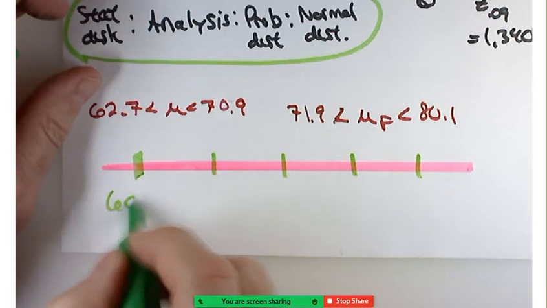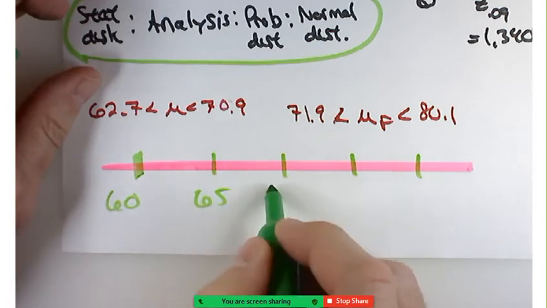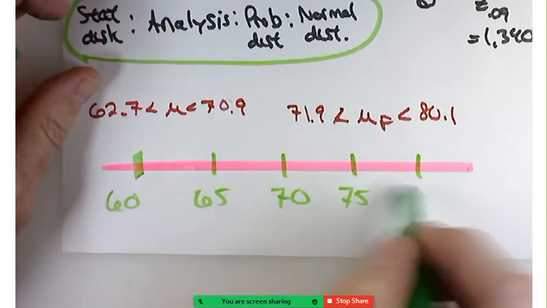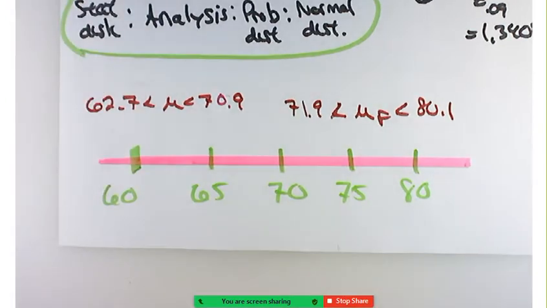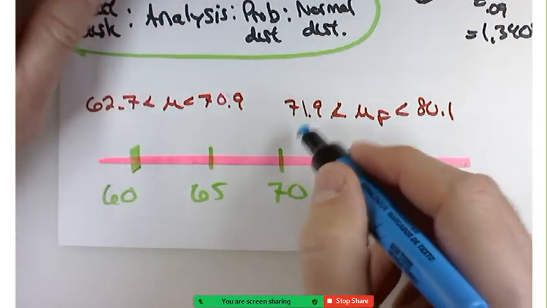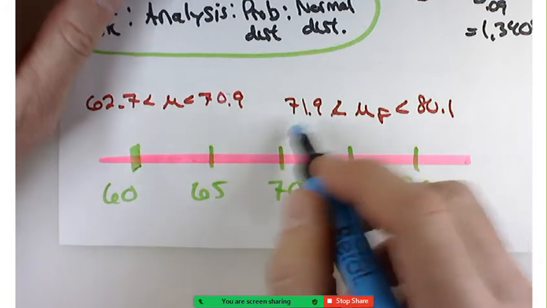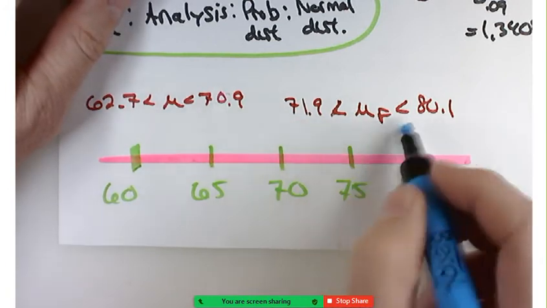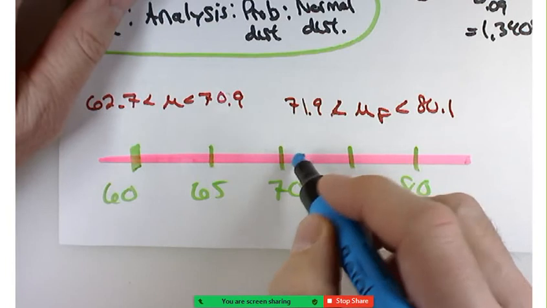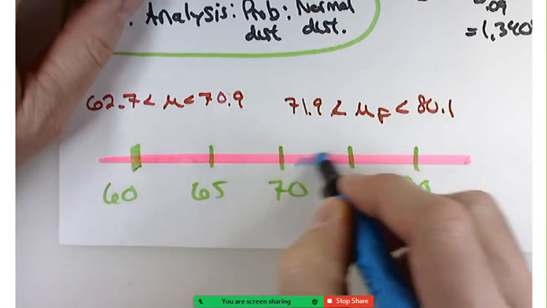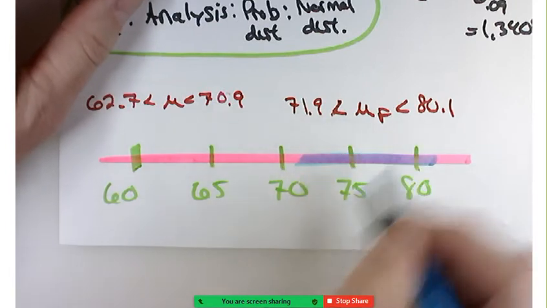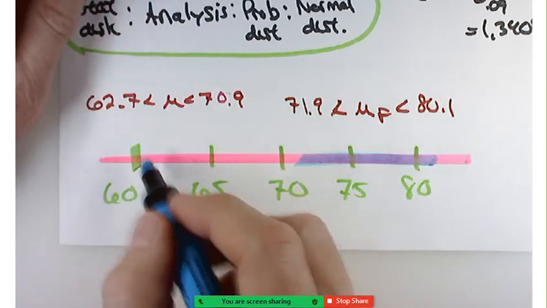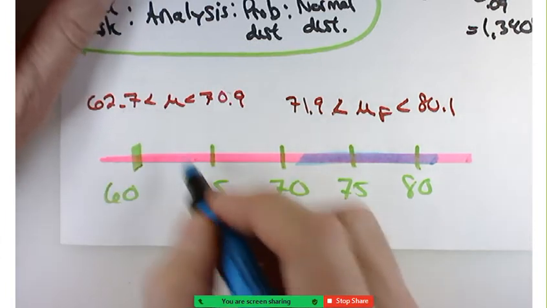So this will be 60, 65, 70, 75, and 80. Let's draw our different confidence intervals. The first one that I'll draw is up here for the ladies. That's between 71.9 and 80.1. So that's here. The second one is between 62.7 and 70.9.